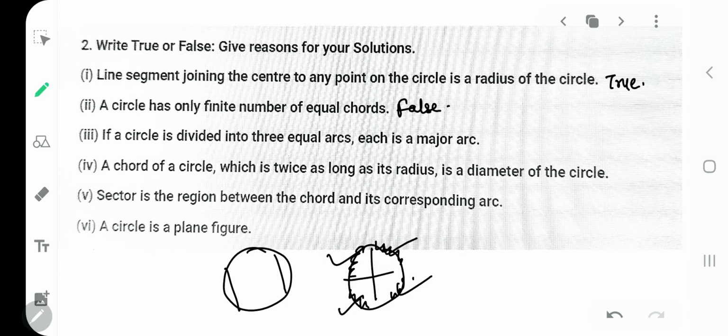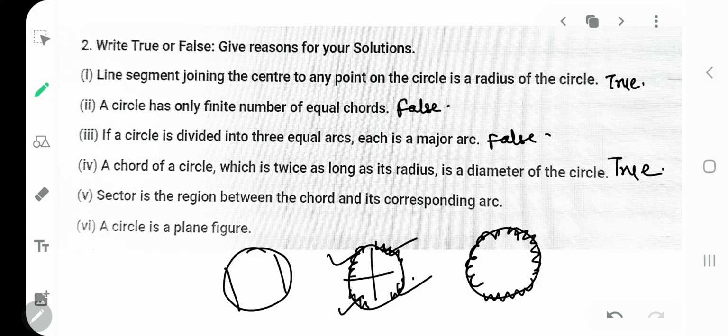So how come there's major or minor arc? So similarly, if I divide my circle in 3 equal arcs, 1, 2, 3, there is no major, no minor arc. So this is false. Fourth, we have a chord of a circle which is twice as long as its radius is a diameter. Yes, that's true.